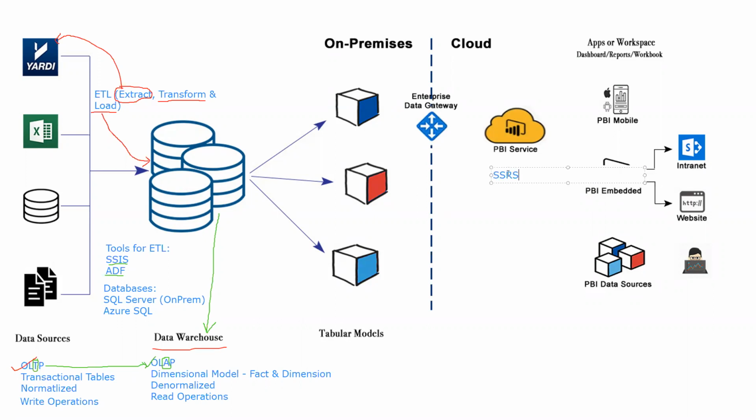So let me write this down. This is used for creating paginated reports, which are pixel perfect reports. And we can print this in any format, whether it could be PDF, Excel, or XML.